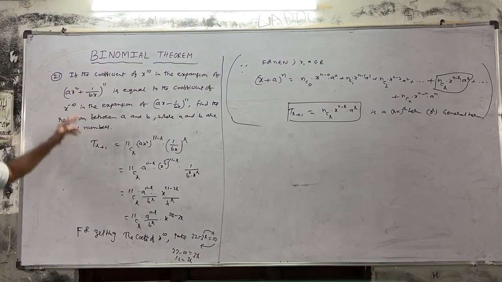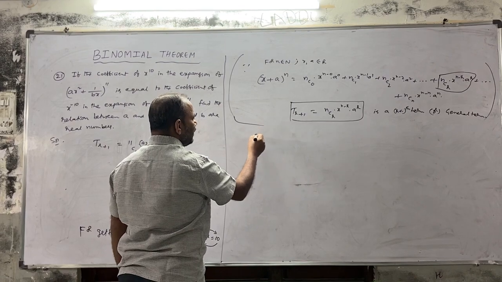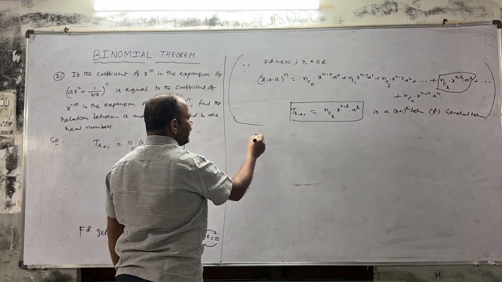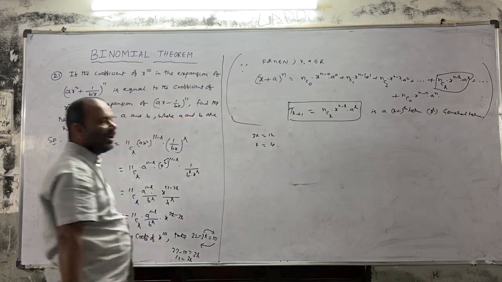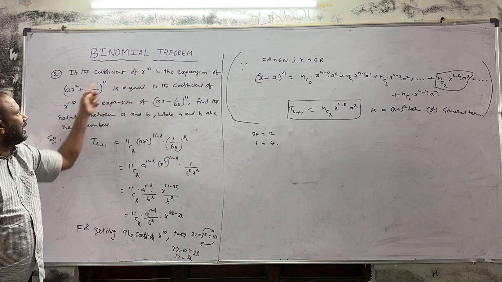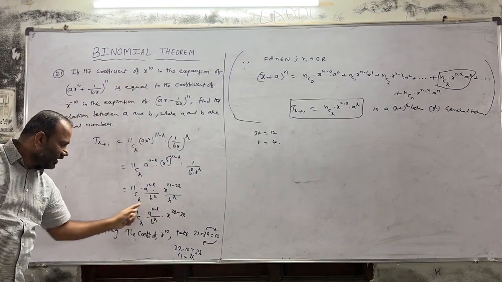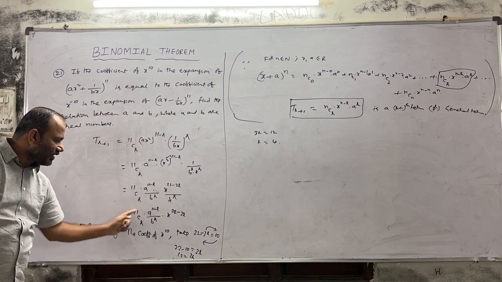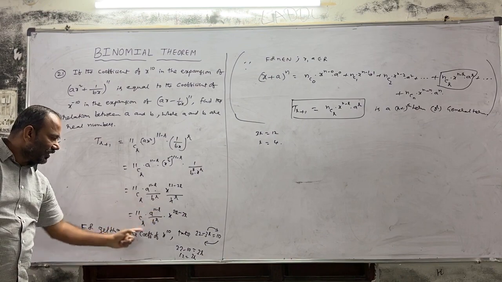So in the first expansion, here 3r equal to 12, so r equals 4, r value 4. Therefore, the coefficient of x^10 in this expansion, this power value 10, the coefficient is this. The coefficient of x^10 in this binomial expansion is this constant.